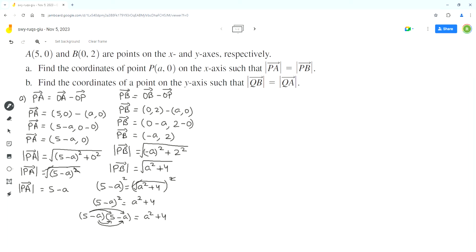So 5 times 5 is 25, and 5 times negative a is negative 5a, and then negative a times 5 is negative 5a, and negative a times negative a is positive a squared. Now we can combine like terms on the left side. So negative 5a minus 5a is equal to negative 10a.